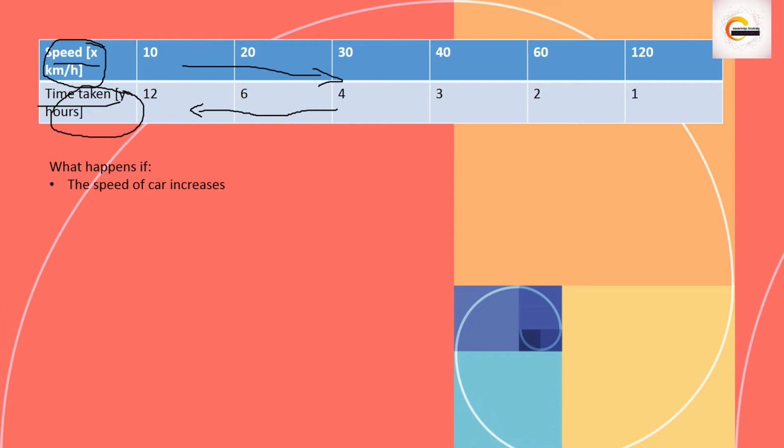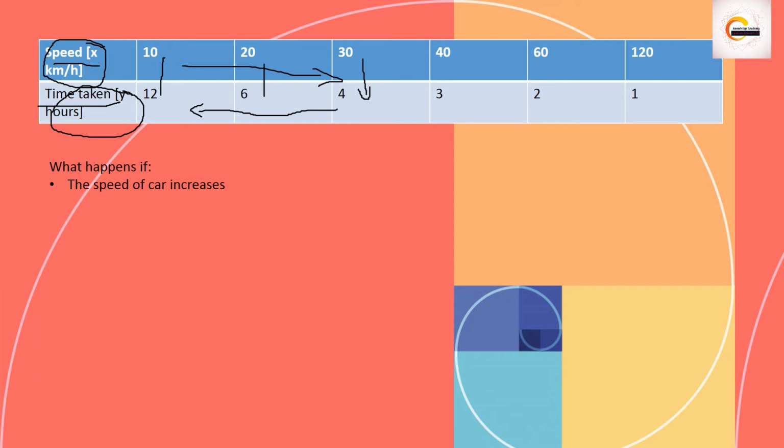It is very clear here that if the speed of the car is 10, now the speed is 20, then again in column number 3 it's 30. Its corresponding time with 30 is 4, with 20 it's 6, with 10 it's 12. So as the speed is increasing, the time is decreasing.